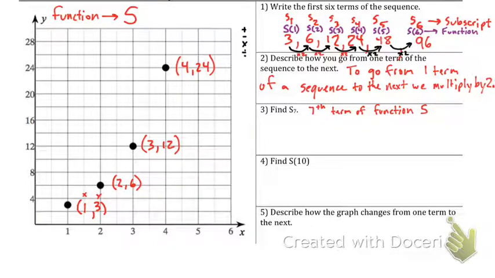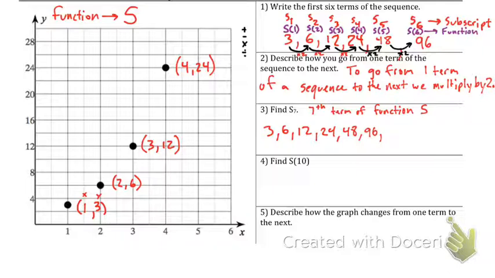Okay, so to do that, if you look, we already got the 6th term. So I'm going to write this in. So 3, 6, 12, 24, 48, 96.